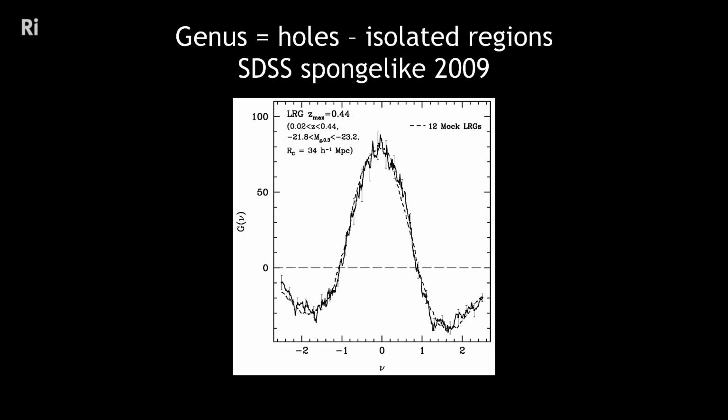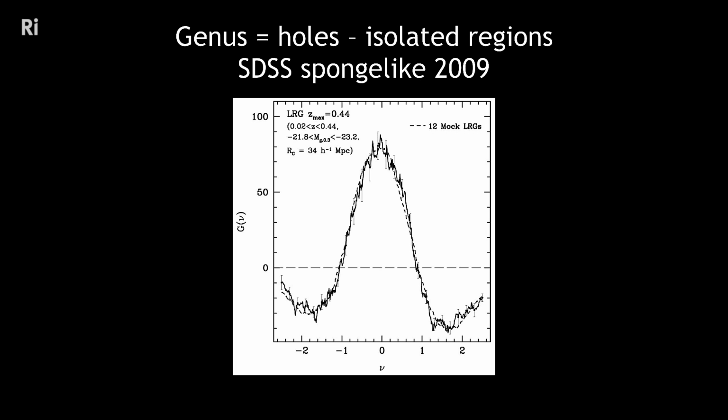We invented a statistic called the genus, which measures the number of holes minus the number of isolated regions in that density contour surface. And we were seeing about 50, 60, 70, about 80 holes in this sample. The jagged line is the observations here.